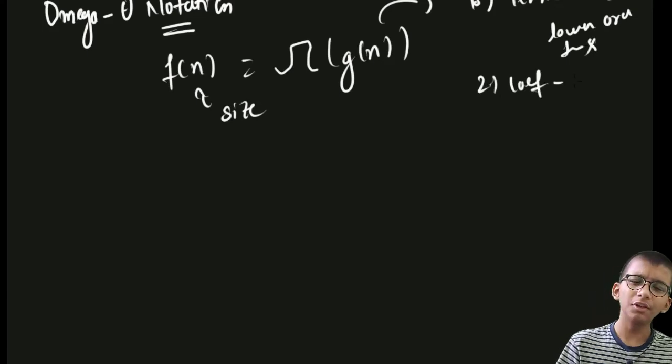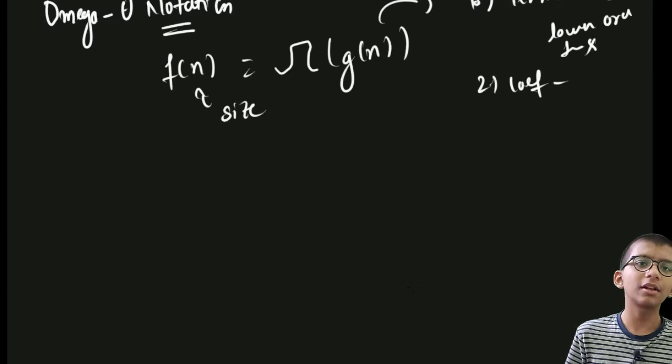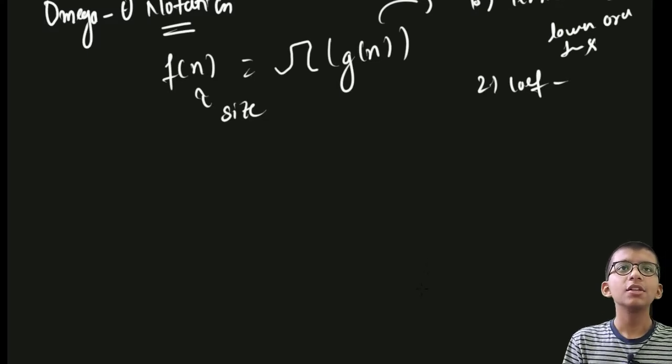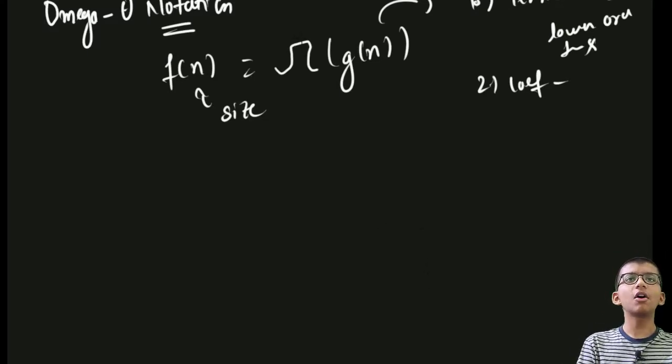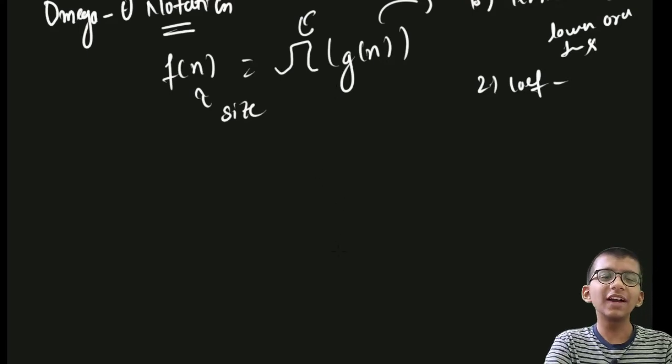Okay, you will get notes, and at the last page, just try to take a look at the notes after this session. Okay, so this is the sign for indicating that this is the omega of g of n.